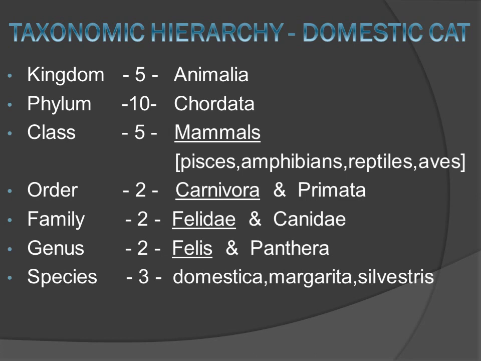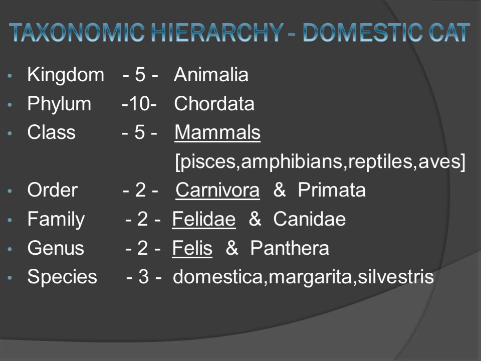And now listen to me. If we do this in reverse, we can say a few species, for example, Domestica, Margarita, Silvestris, a few similar characterized species or similar characterized animals come under the same genus. Understand me?